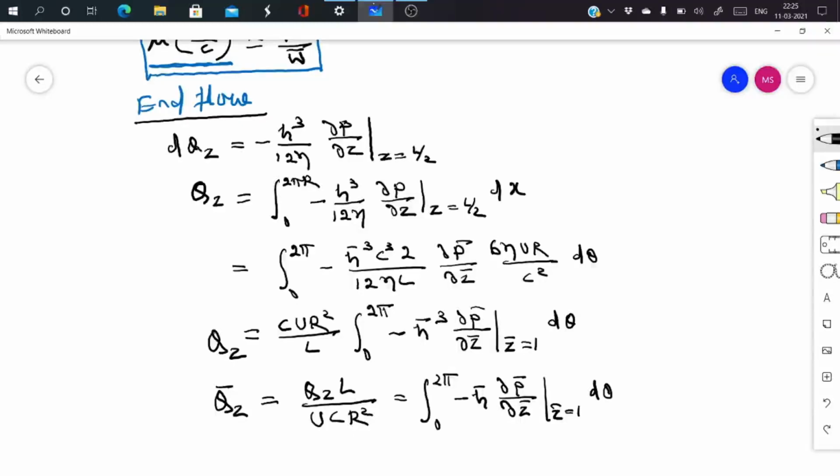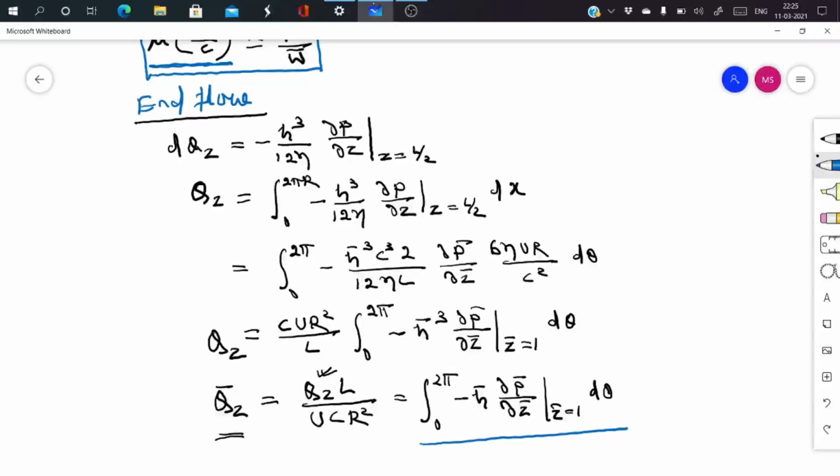So this is what you will get, the non-dimensional end flow. If you want to calculate the dimensional end flow, then it will be q bar u c r square divided by L. And on the right side, this is completely non-dimensional, everything is known. From here you can calculate.